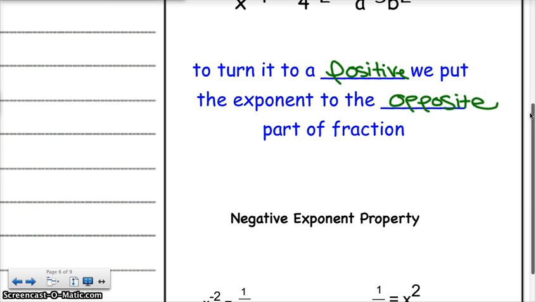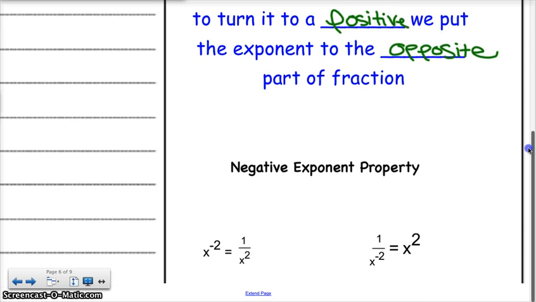So, let me show you some examples and you develop this property yourself. I'm going to just tell you some facts. 2 to the negative 2 is equal to 1/4. It just is. 3 to the negative 2 is equal to 1/9.